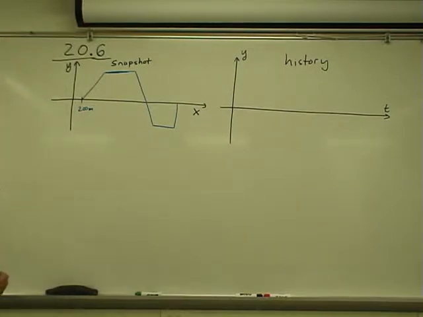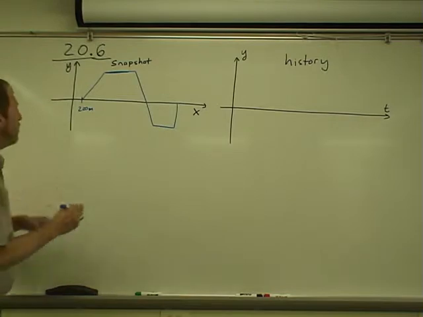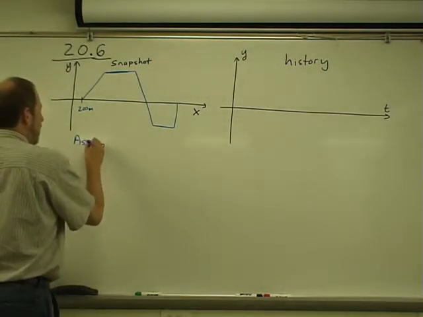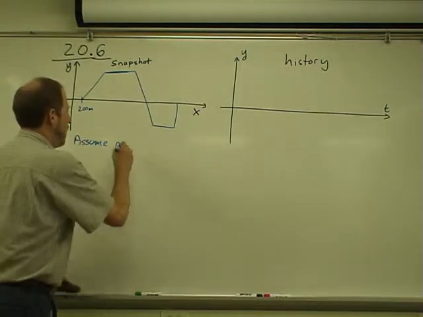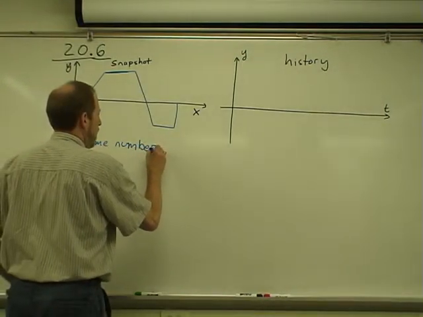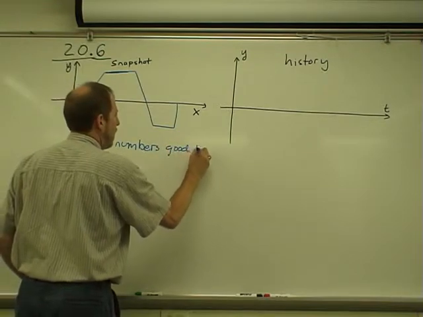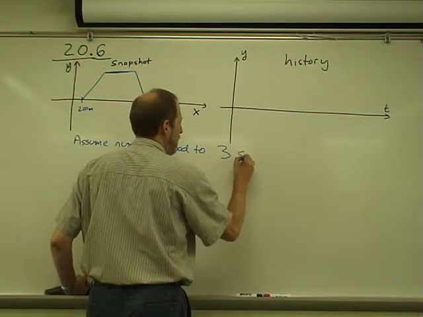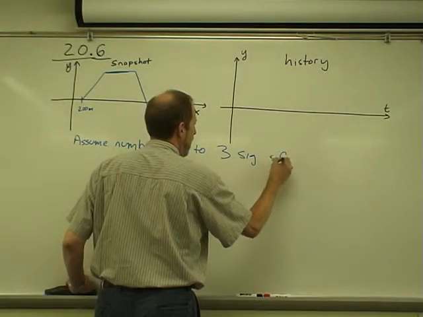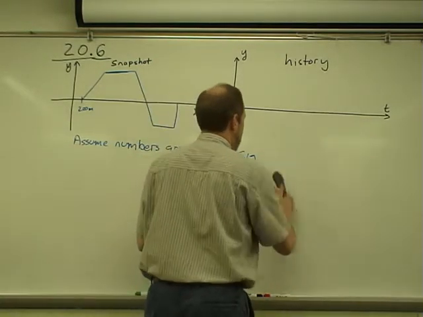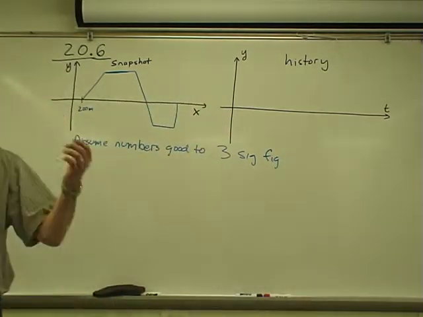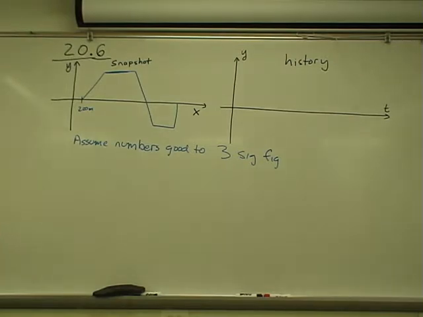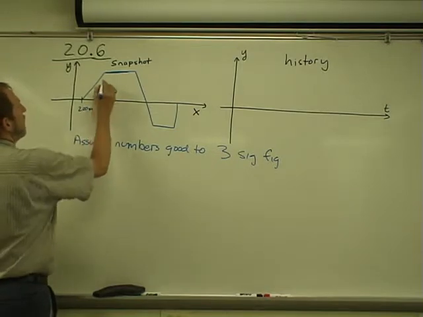For clarity's sake, I'm going to assume the numbers are good to 3 significant figures. Why? Because with too few, it's easy to lose material along the way.